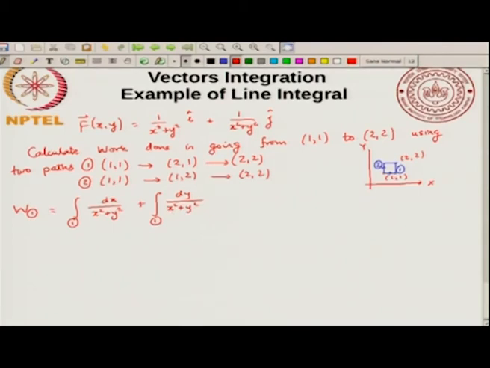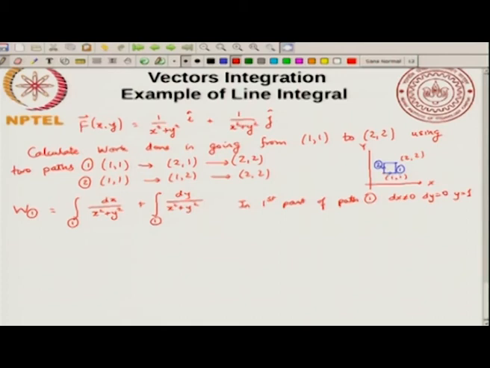In the second part of path 1 dx equal to 0. Okay. Not only that, in the first part of path 1, dx not equal to 0, dy equal to 0 and y equal to 1.